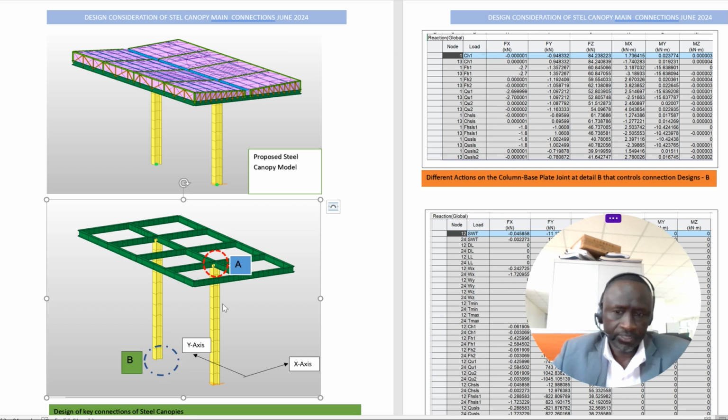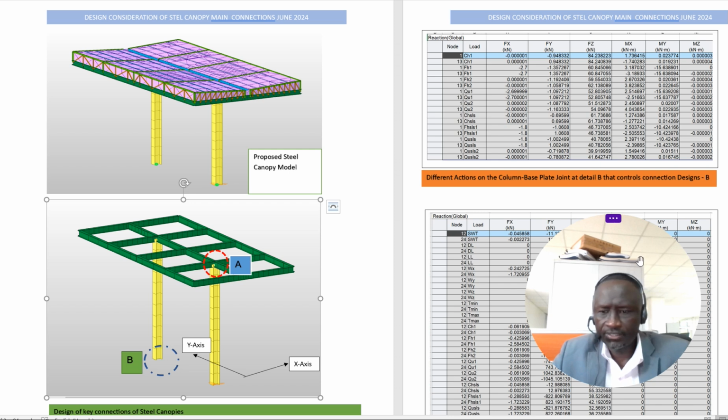If you look at A, it is now reactions due to roof truss loads. If you detach this roof element from these columns, definitely you have reactions at this point.